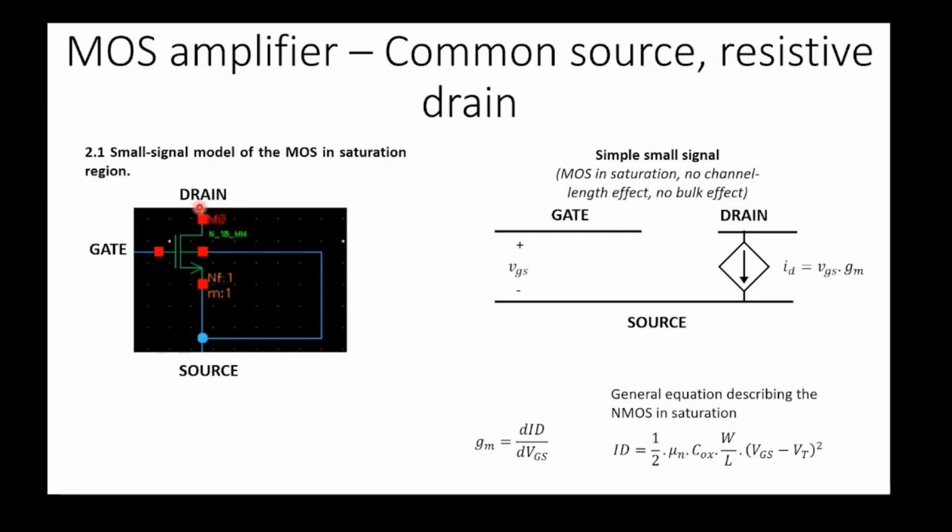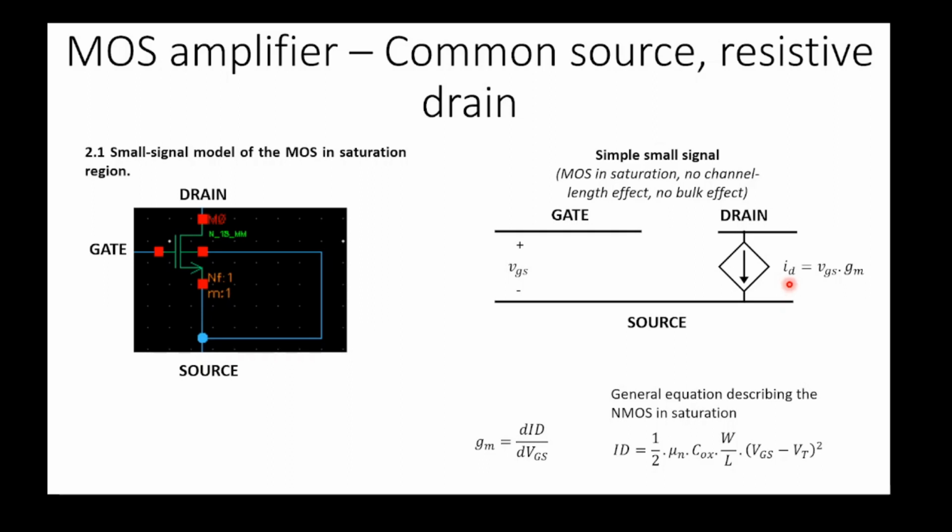If you look at the symbol and follow my mouse tracing, you can see that the drain is connected to the source. And here you can even see that the drain is connected to the source, but the connection is through a voltage controlled current source. Voltage controlled current source means it's a current source, but the value of the current is controlled by a voltage.